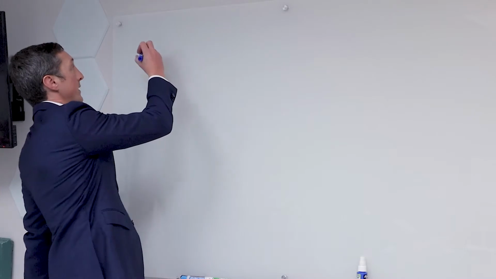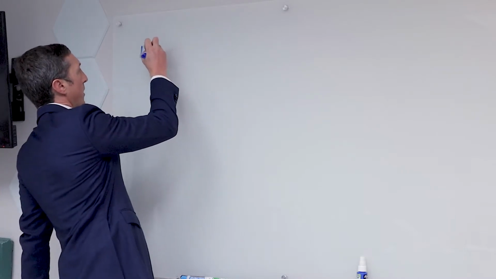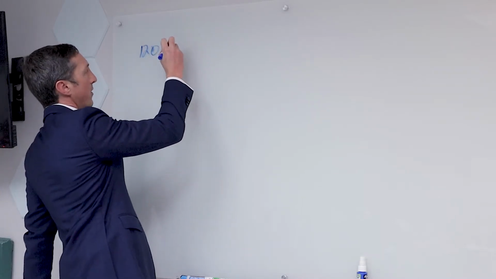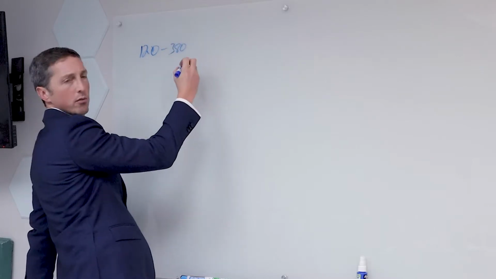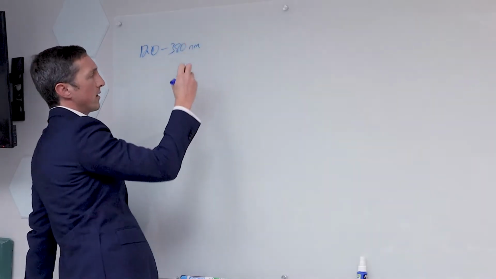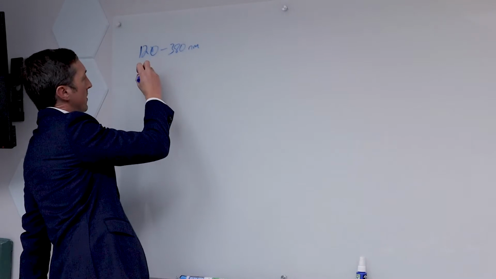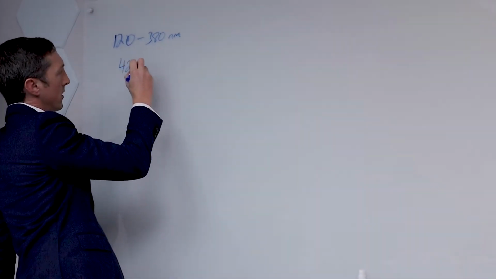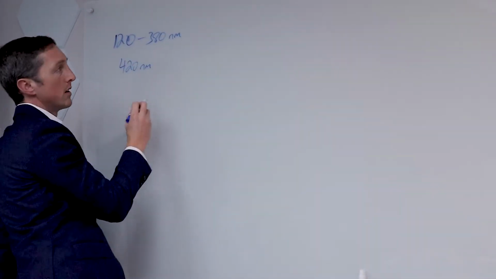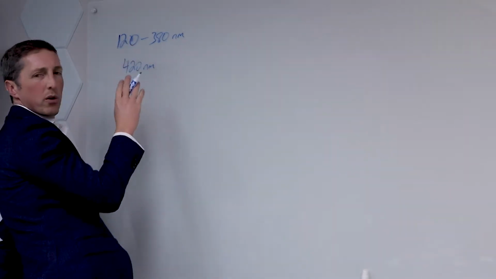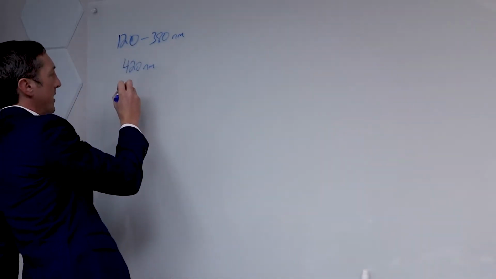Well, there's a few things that we don't want to use, typically speaking. So basically 120 nanometers to about 380. What's this range? What do you think this stuff is? What kind of energy is that?